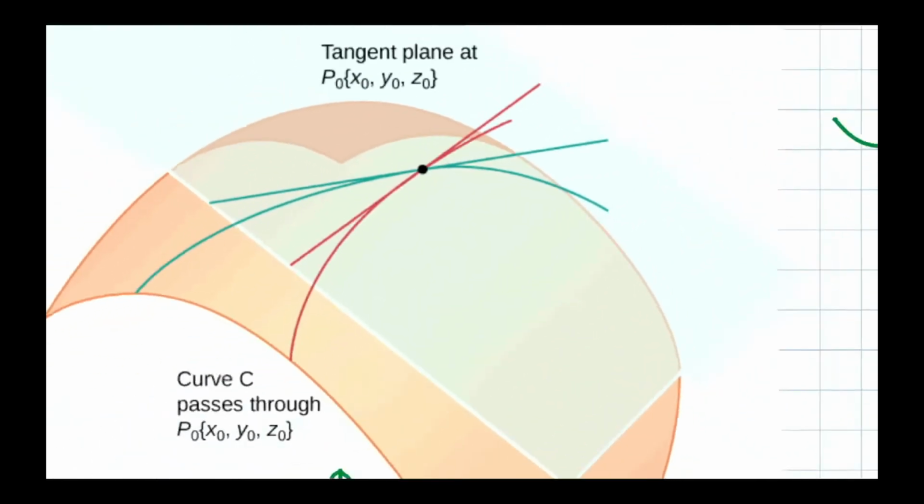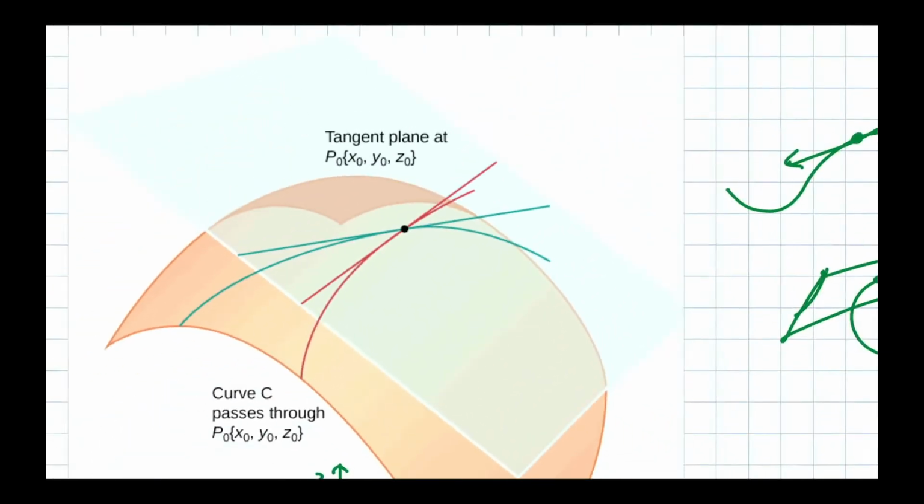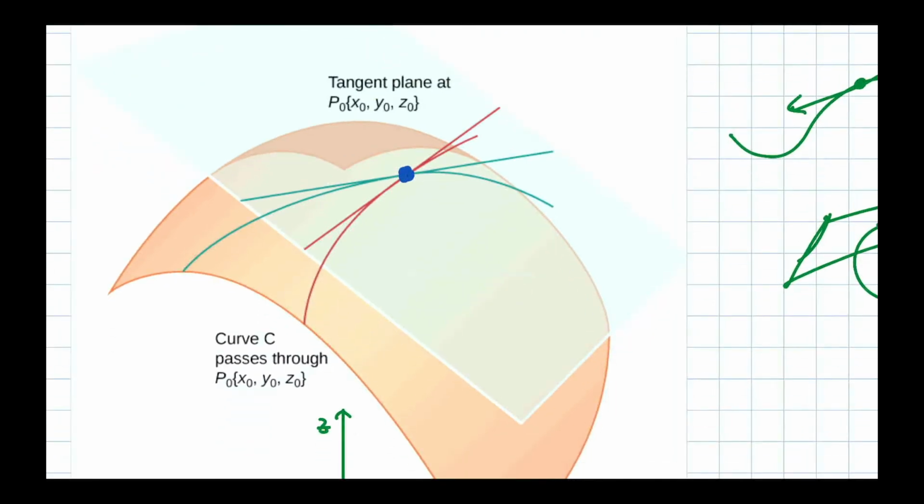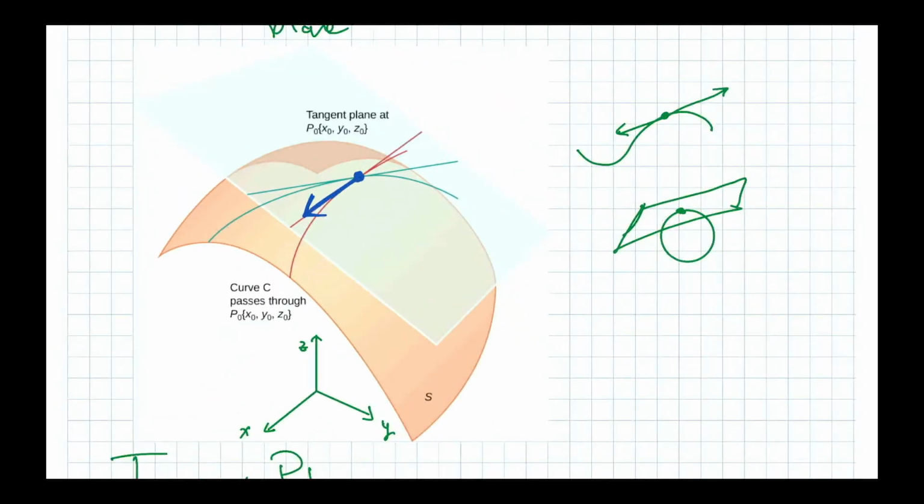Now, for this tangent plane there's a couple of vectors that we can look at here. You've got this point right here. That's the point we're going to be concerned about. The idea here is that this tangent plane can come from two different vectors. So you could find the slope in this direction. Let's say this is the x direction.